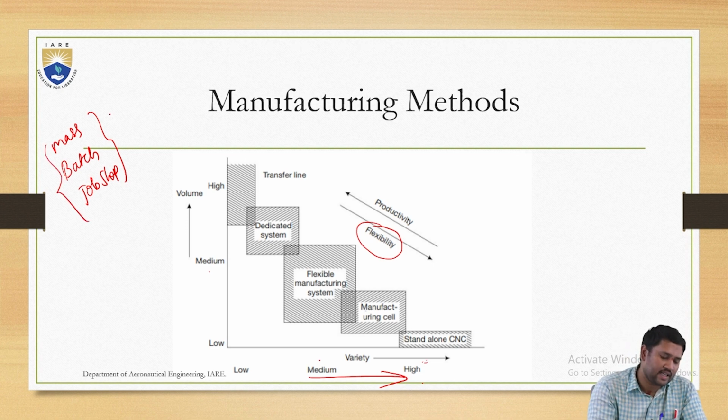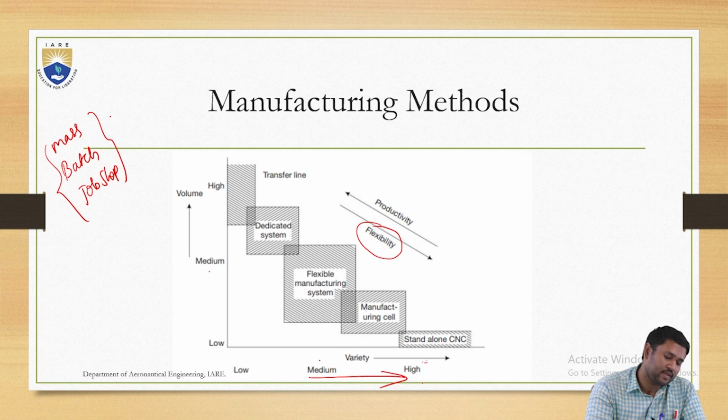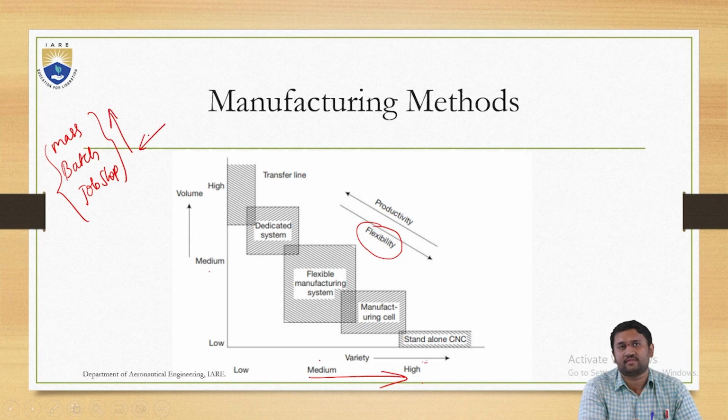Considering this, there is a reduction in flexibility as the volume decreases and the variety increases. Now, productivity increases as volume as well as variety decreases.